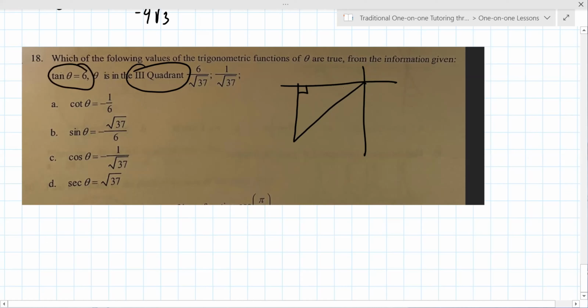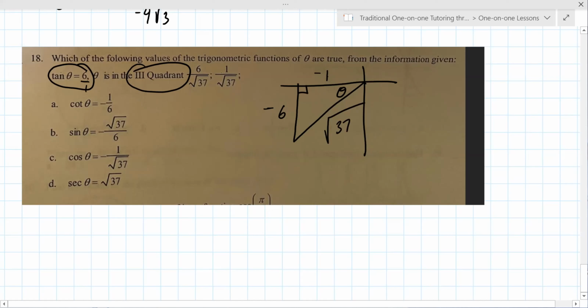Okay, if tangent of theta is 6, that means opposite over adjacent is 6. So 6 over 1. But to get there, you're going left, which makes that negative, and you're going down, which makes that negative. And then this becomes the square root of 37 because you square that and you square that, which I think is where this is coming from. Like they're trying to tell you, but these are actually wrong because they're both negative.